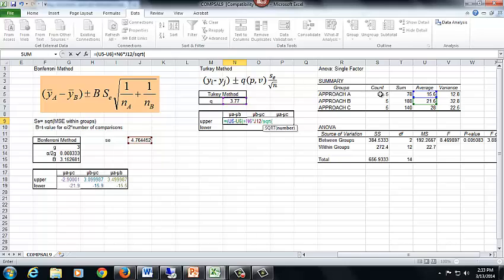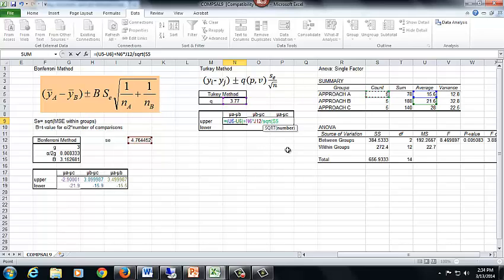Yes, if the sample sizes in each group were not equal, I wouldn't just take this 5 like I am here. Instead, what I would do is divide by the square root of 2, because I'd be comparing 2 different approaches, and then multiply that by the square root of 1 over the number of observations in each grouping, like you see here in the Bonferroni method.